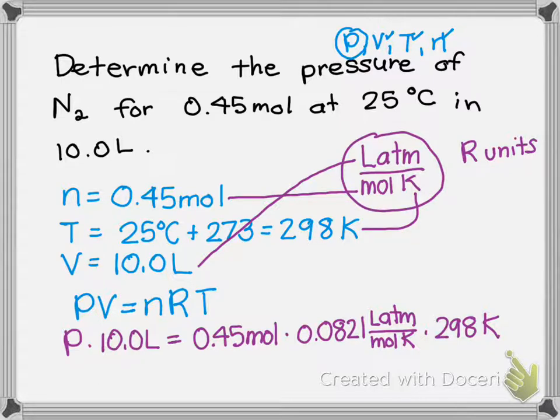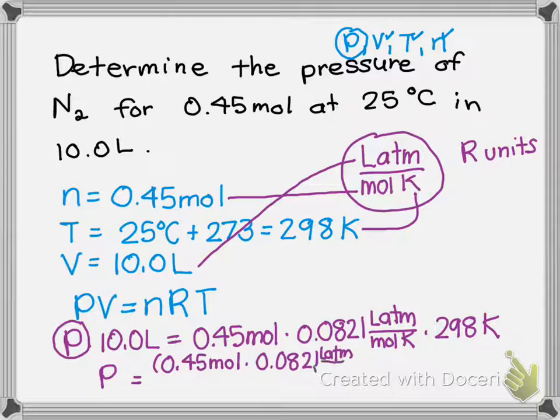So to solve this problem, I see that I need to solve for P, so I'm going to divide by 10 on the other side. The top is a number, and you could have already solved for that. I'm just rewriting it. I'm going to include the units here, even though it looks like a lot, so we can see how they cancel. 298 Kelvin.